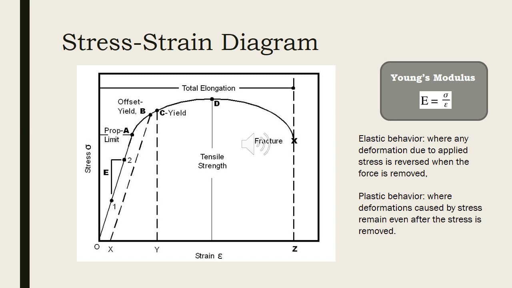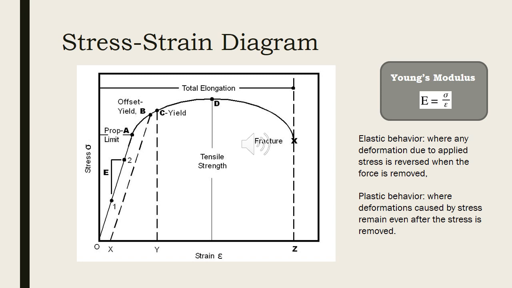The yield point, shown as point C, is the point where strain increases faster than stress, and this point is referred to as strain hardening, and the material experiences some amount of permanent deformation.